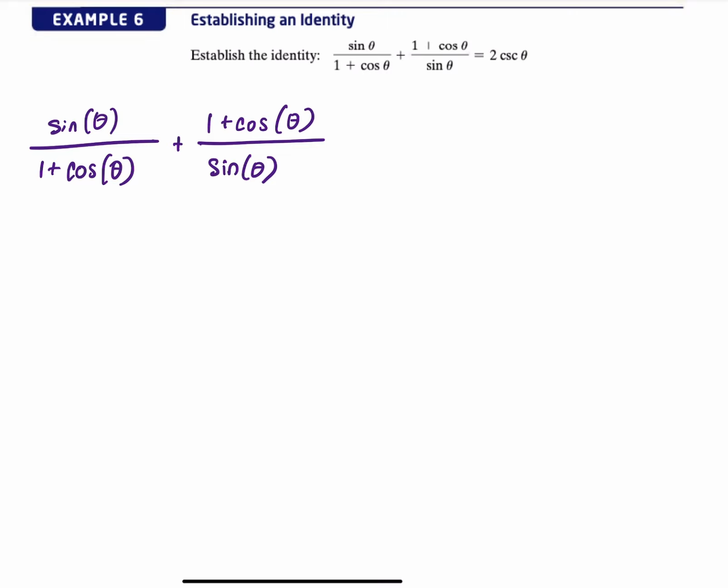So it's already in terms of sine and cosine. Let's just try to combine these two fractions together. I want to get a common denominator. So let's multiply the left fraction by sine over sine.